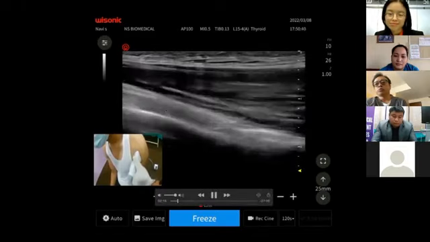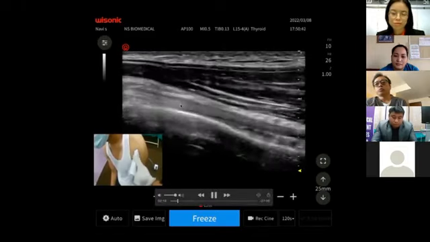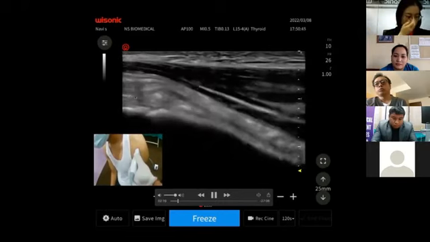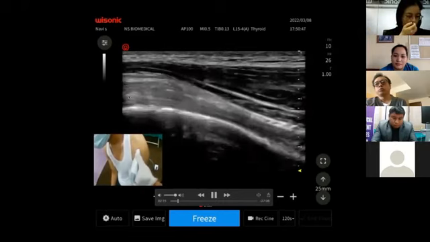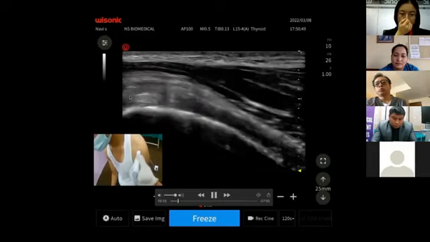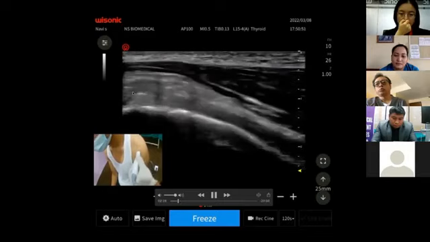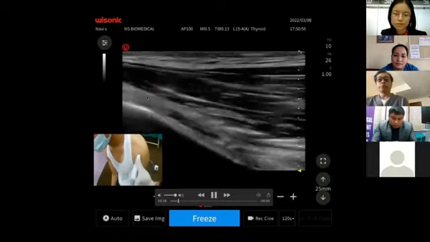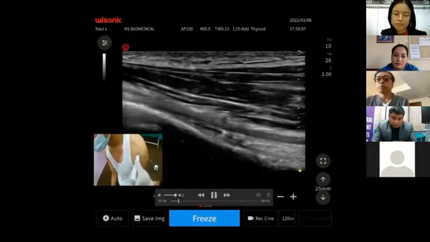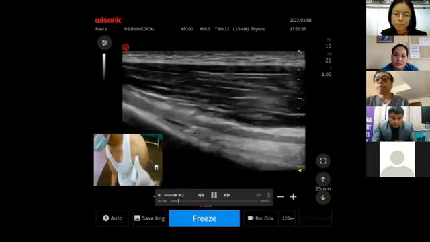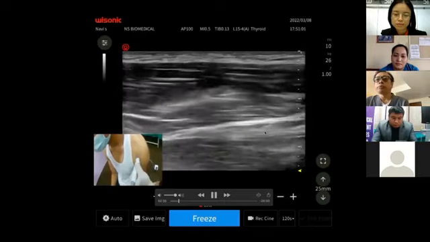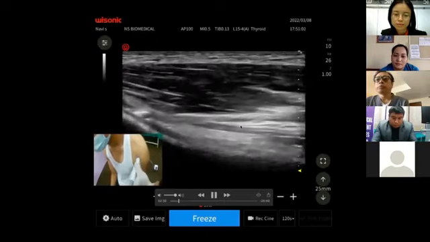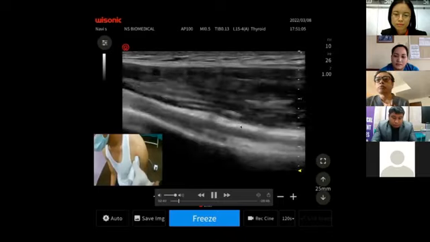Once I see the biceps tendon in the long axis, I trace it all the way up. And then I trace it all the way down to its myotendinous junction. That's the myotendinous junction of the biceps tendon. Again, scanning it all the way up.